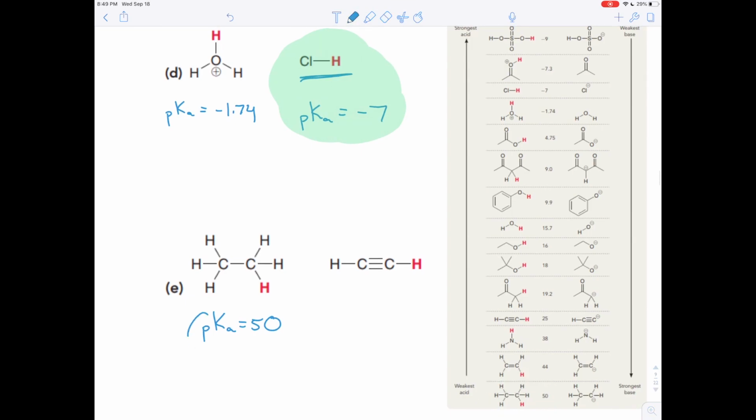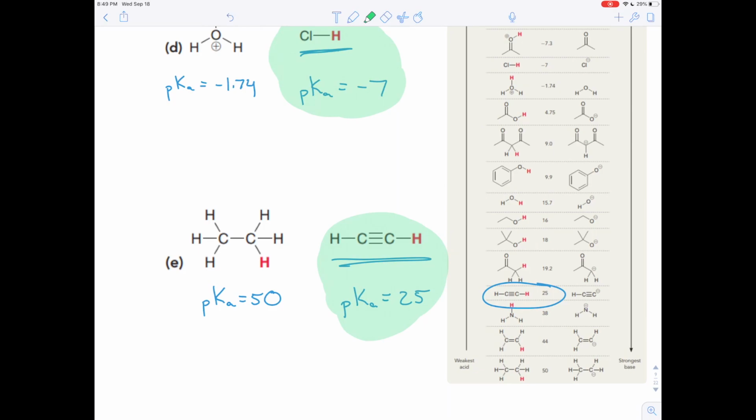Remember, because we took the log, each p unit is a power of 10, so pKa of 50, that's a lot of powers of 10. That's not very acidic. The other molecule, acetylene, has a pKa of 25. So the more acidic compound is the one with the smaller pKa, the more negative pKa, the pKa that would be more to the left on a number line. And so that here is that acetylene that I highlighted in green.